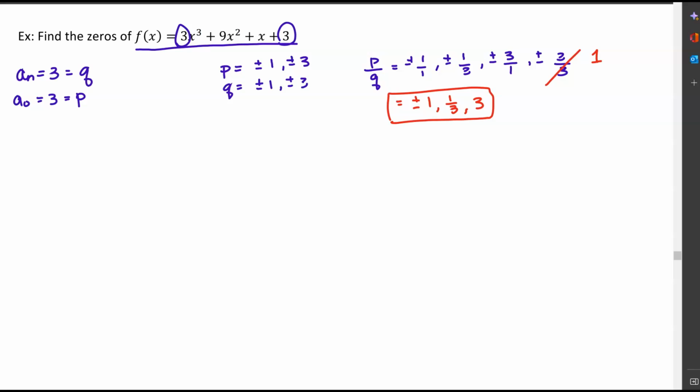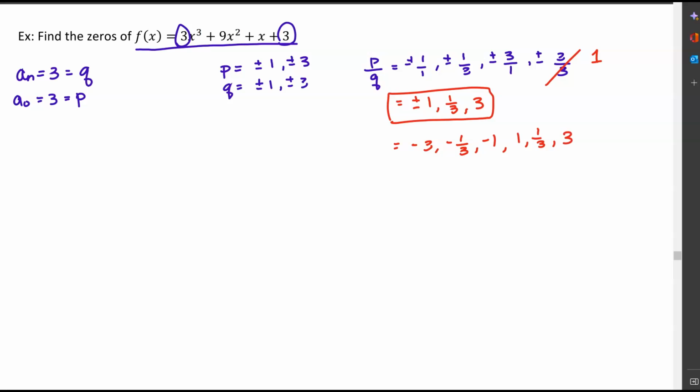Okay, so let's go ahead and take a look at the calculator. Actually, let's break this up first. So how many roots do we really have here? We're going to get negative 3, negative 1/3, and negative 1, 1, 1/3, and 3.